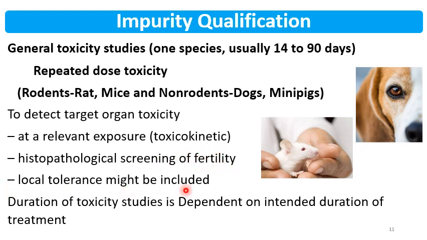Local tolerance might be included. Then the duration of the toxicity study depends on the intended duration of the treatment, so the intended duration of treatment is very important. Also the dose and the patient population are important while providing justification for impurity qualification based on the general toxicity studies.